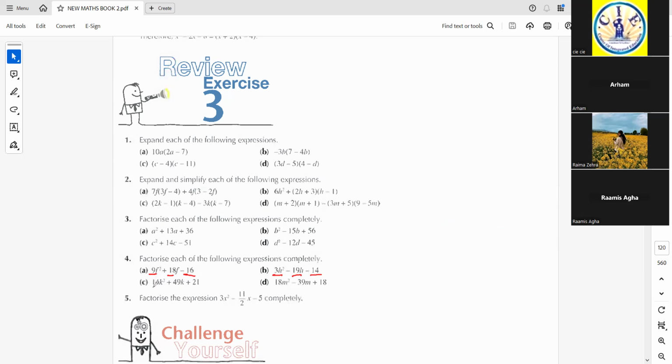But if you see part C, 14, 49, and 21, you can take 7 common. Similarly, if you consider 18, 39, and 18, you can have 3 as a common factor. So actually in this question, we are having two different types of questions.